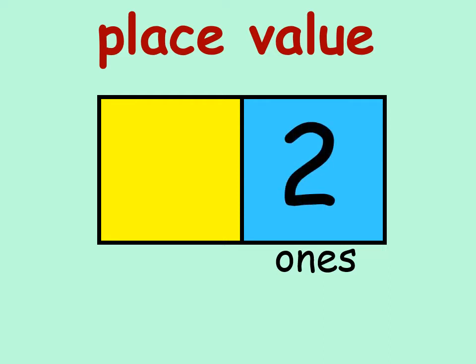Now, we could write a digit in there like 2. Now, do you remember when I gave you the example of the value? What did I draw a minute ago to show you the value of 2?